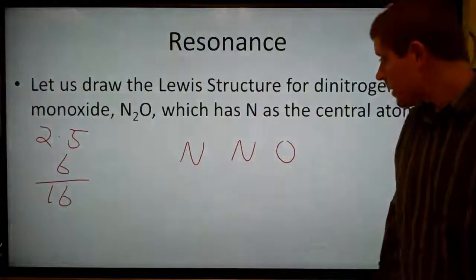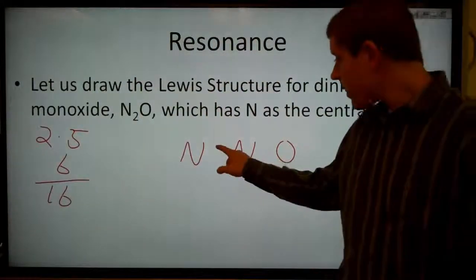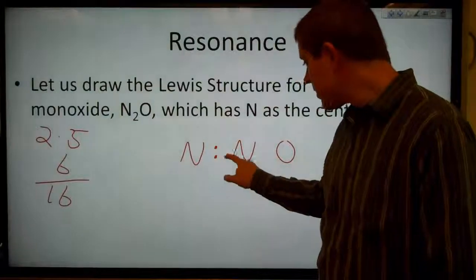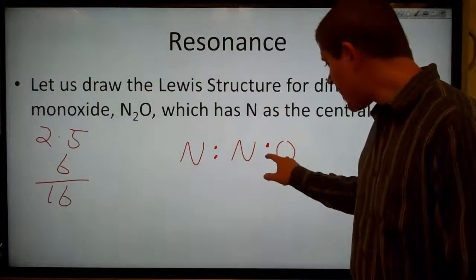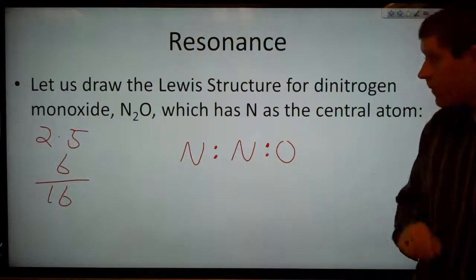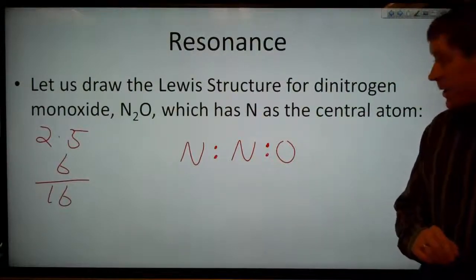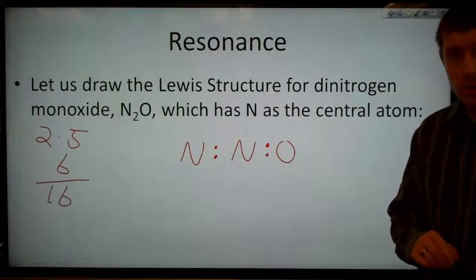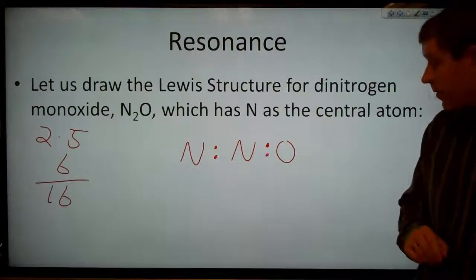So let's start out by putting some electrons in between to represent a bond, linking our atoms together. So that's 4. We need to get another 12 electrons in there. So let's start adding some and see if we can satisfy the octet of everything.